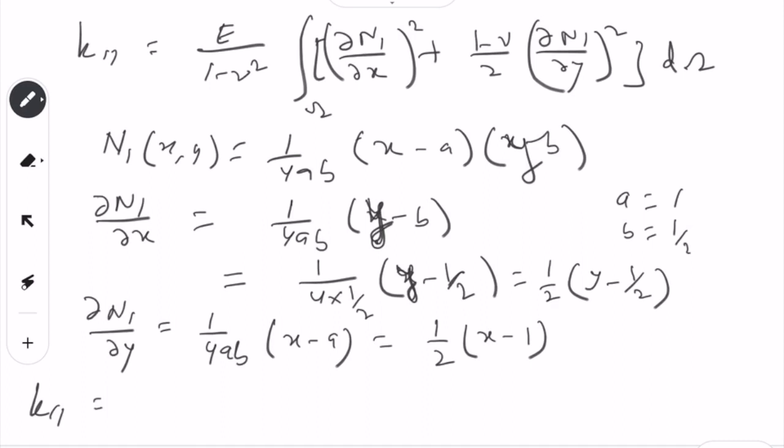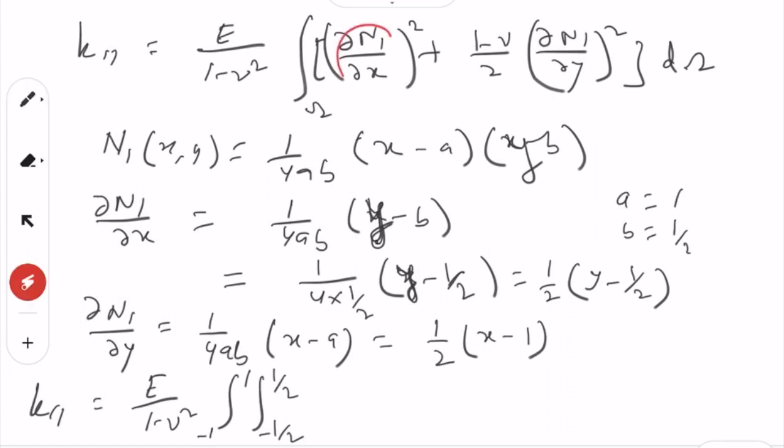K11 equals E over 1 minus nu square, and now we can have a double integral over the domain. First we integrate in the y direction, though it does not matter: minus half to half is the y direction, and minus 1 to 1 is the x direction, and then the square of this.